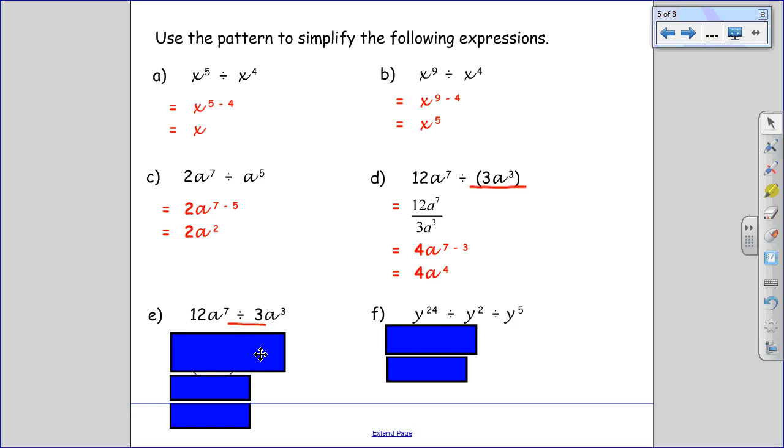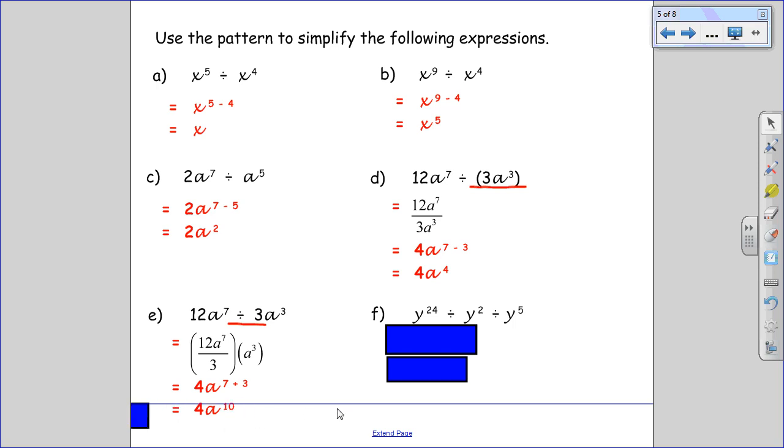So what would happen here is I've got 12a to the 7 divided by 3 when I write it in fraction form, followed by the a to the exponent 3. So I'm left with 4a to the 7 plus 3. Two very different answers for two questions that look almost the same. So beware that you follow order of operations with questions like this.